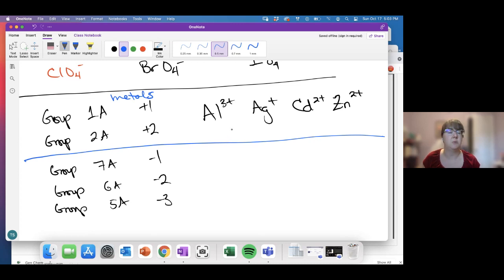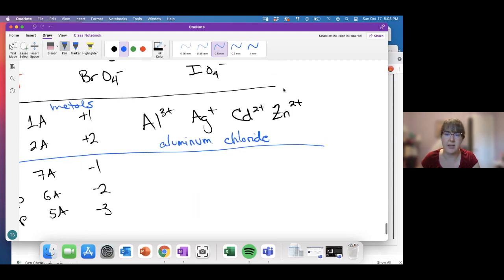So if I were to use any of these, I do not need Roman numerals. So I would just say aluminum chloride. And I'm done. I do not need to say what the charge is on the aluminum because aluminum only has one option. I could say cadmium phosphate because cadmium only has one charge. Not that I can spell that. Cadmium, there we go, phosphate.